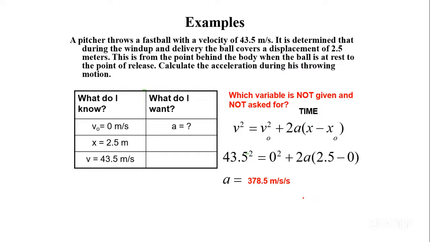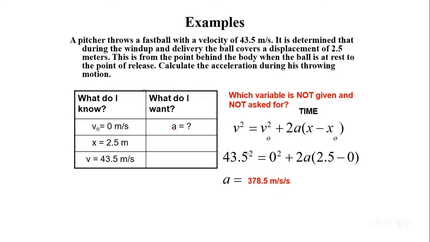So you have to identify the parameters given. Initial velocity is not given, it is 0. The displacement is 2.5, and then the final velocity is 43.5 meters per second.